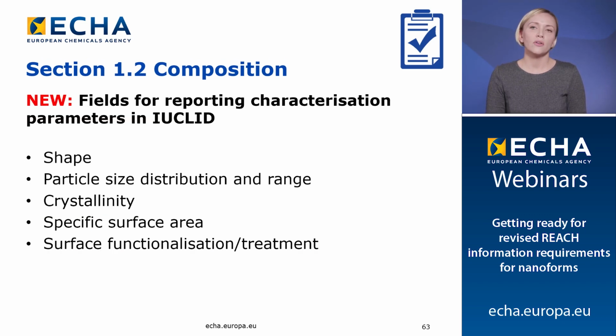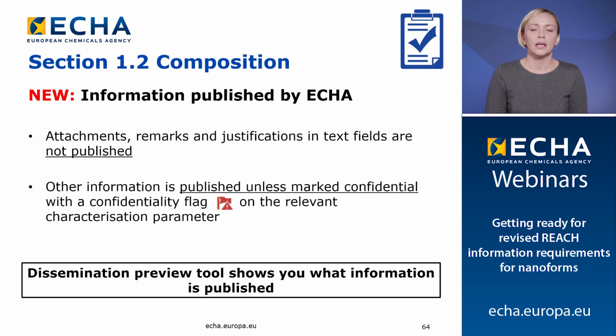There are new fields for reporting characterization parameters in section 1.2, and here is a list of these parameters that must be reported. In the next part of the webinar, we'll explain and show some examples of reporting for these parameters. And with the new fields, new information will be published by ECHA.